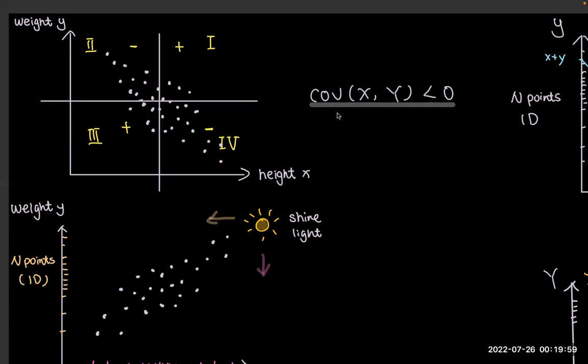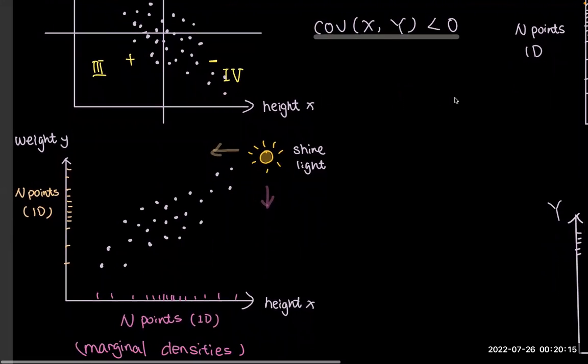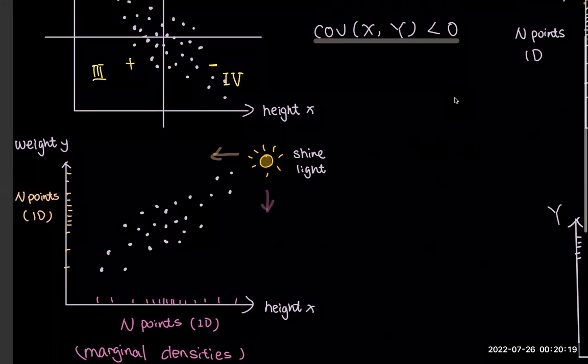So for this one, covariance is less than 0. Therefore, the sign of the covariance measures whether there's a positive trend or a negative trend. Now let's look at the situation for the variance of x plus y.